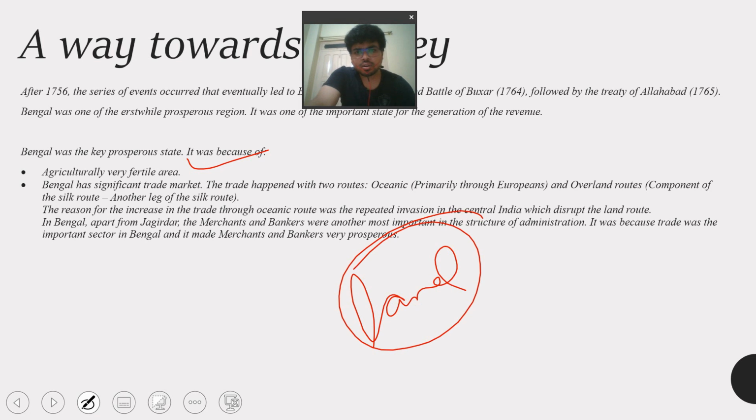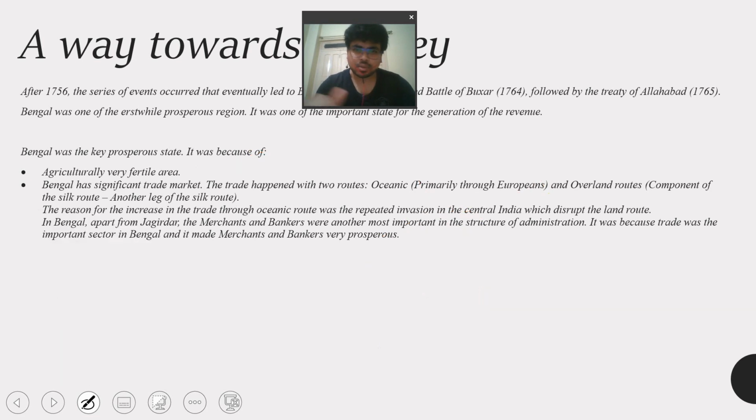In the northwest region, India became famous for being plundered, where even the Peacock Throne was taken away. That's why the safest route, the oceanic route, was taken, primarily by the Europeans, while the overland route was a component, another leg, of the Silk Route.